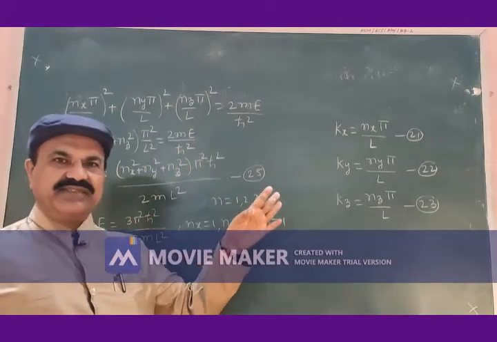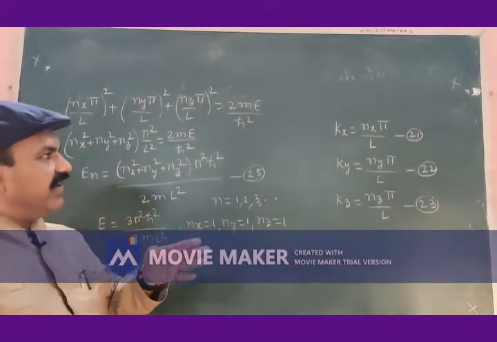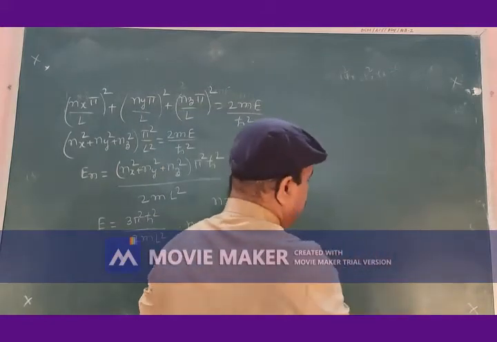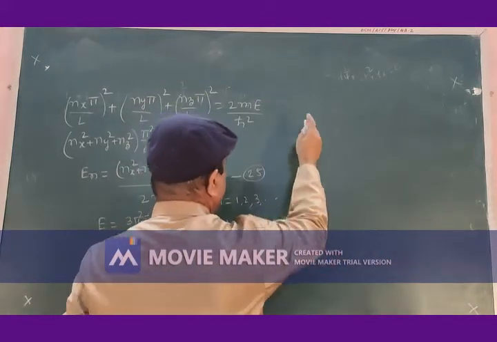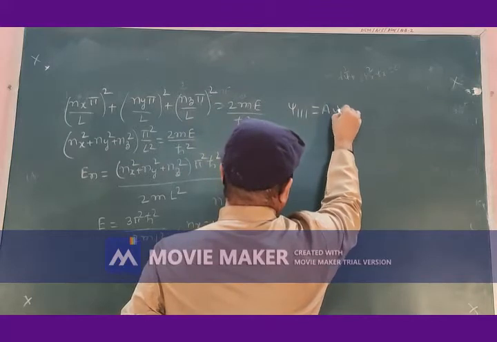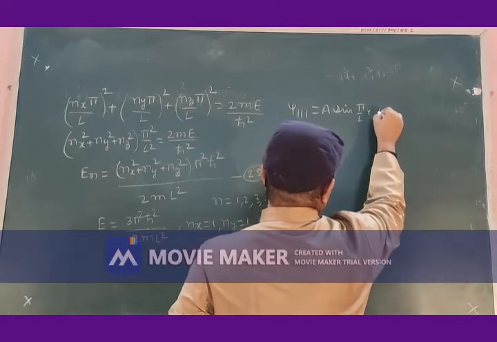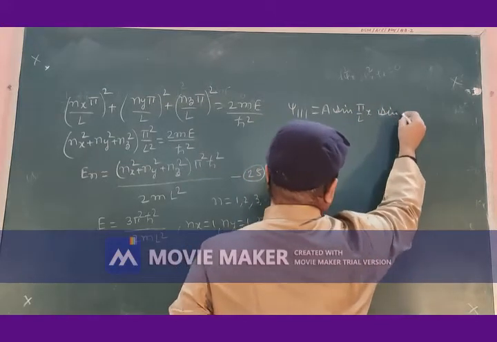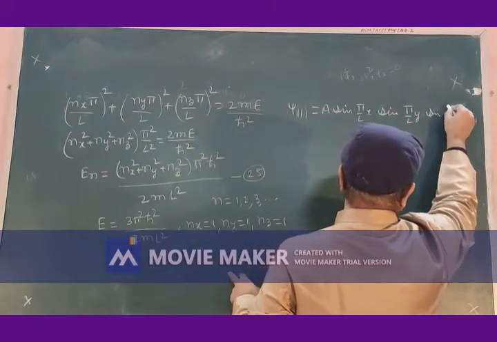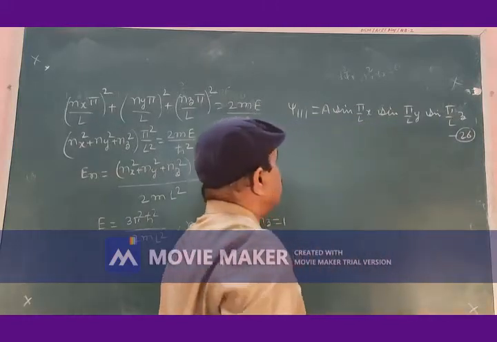And therefore, psi 1 1 1 will be a single wave function, as there is a single energy state corresponding to this energy level, that will be psi 1 1 1 is equal to A sin(pi by L x) into sin(pi by L into y) into sin(pi by L into z), equation number 26.